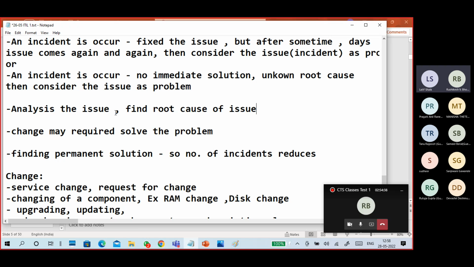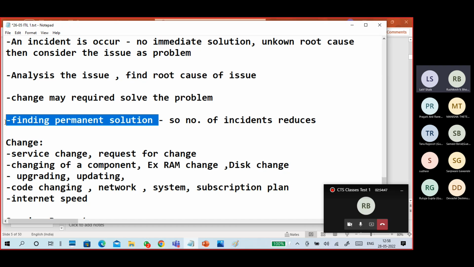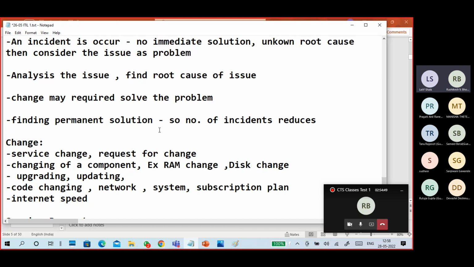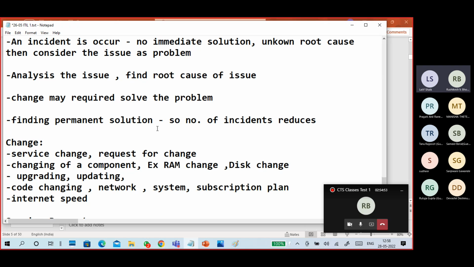If any changes are required, change it. So then fix the issues, find permanent solutions. Okay, fix the issue. So obviously there will be fewer further incidents.